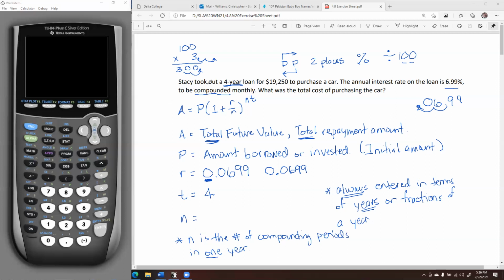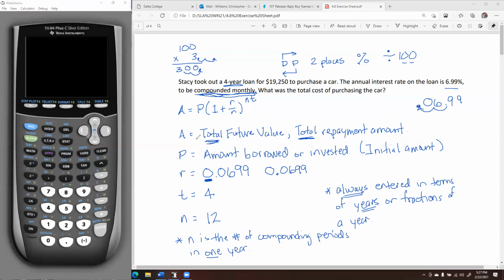So our exercise told us that this is going to be compounded monthly. If it's compounded monthly, how many times per year are we compounding? Yeah, 12 months in the year. So that means we're going to compound 12 times. All right.